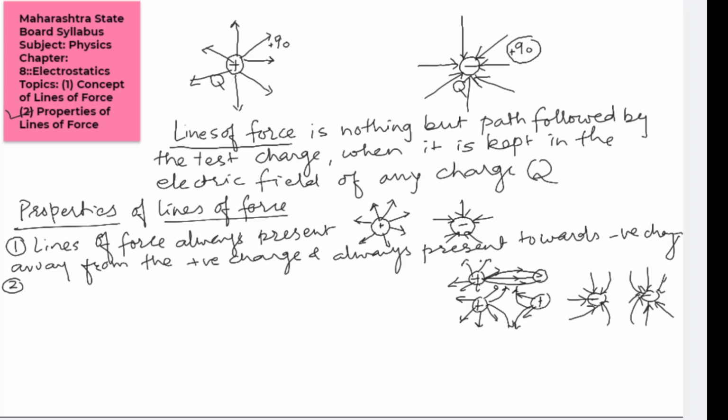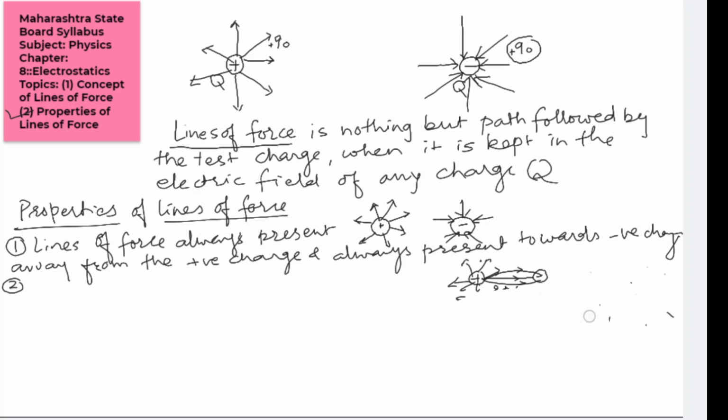So from this diagram, the upper diagram only, we can conclude that all the lines of forces are produced from, or coming from, the positive charge and going towards the negative charge.